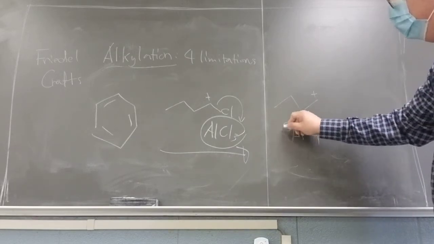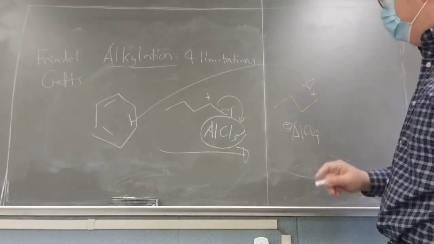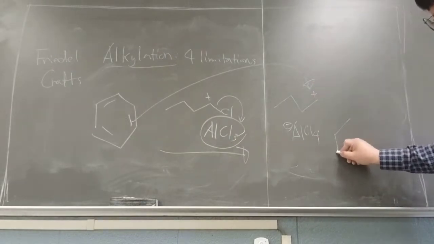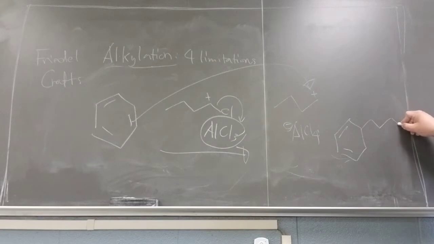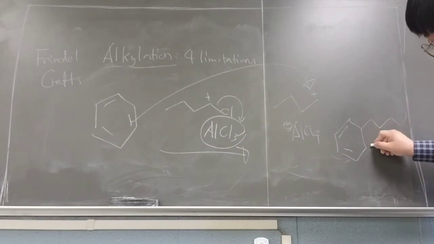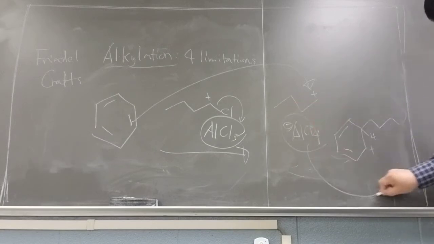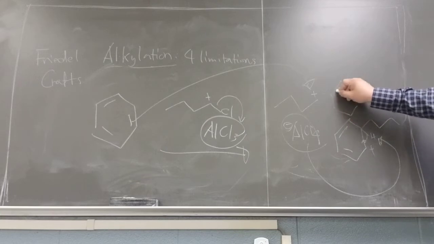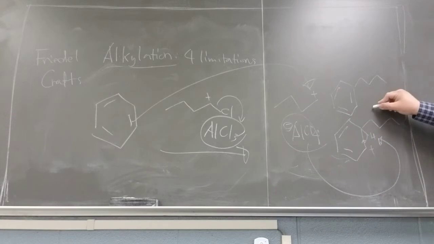AlCl4 minus, okay? So this will be attacked here, and once that attacks here, it will become this, and then this will be positive charge, right? And this hydrogen will be picked up by this one. It goes to there, so okay. So these are the expected products, as you can see, right?